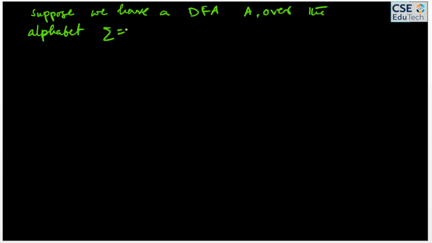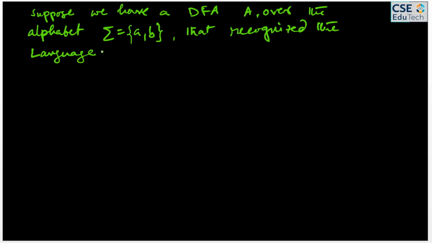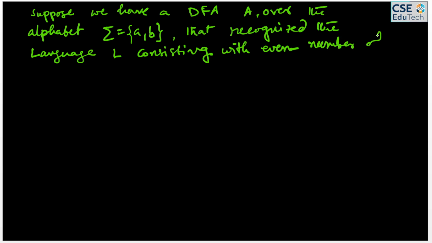Suppose we have a DFA A over the alphabet sigma equal to {a, b}, that recognizes the language L consisting of strings with an even number of a's.